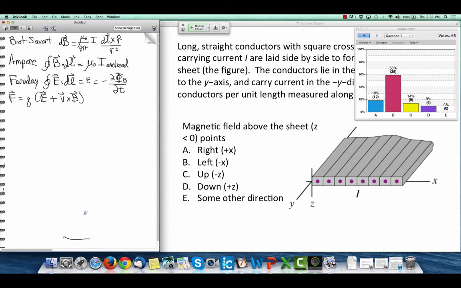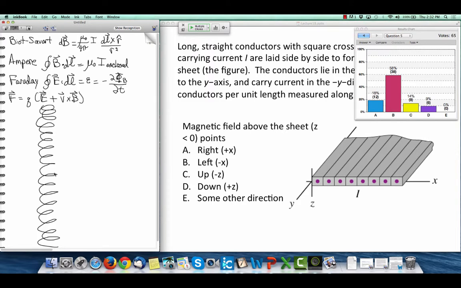There's one other interesting use of Ampere's law, and I don't think I've said anything about it yet, and that is if you have a really long coil. If you have an infinitely long coil, then you know that each loop of this coil produces its own magnetic field.